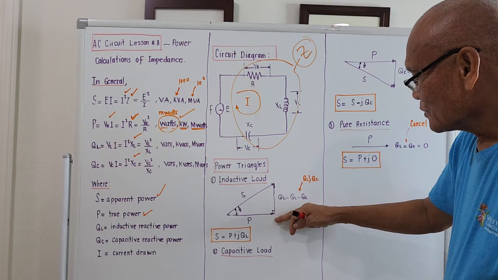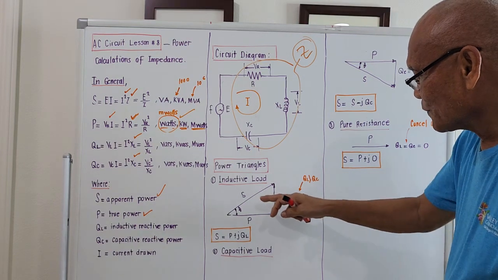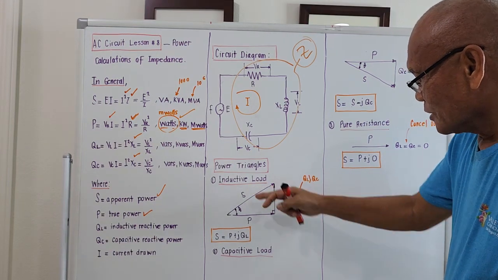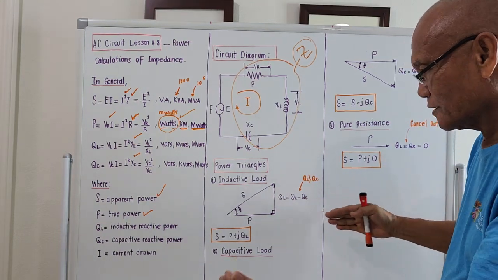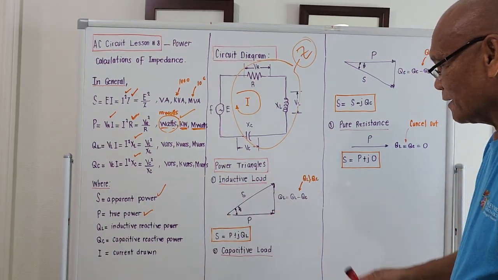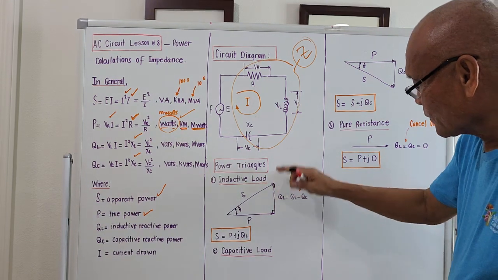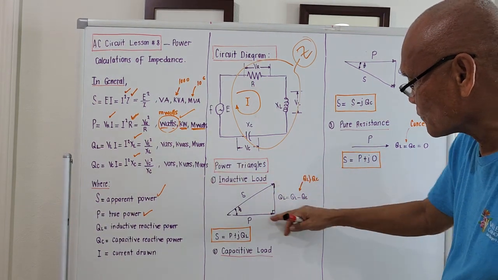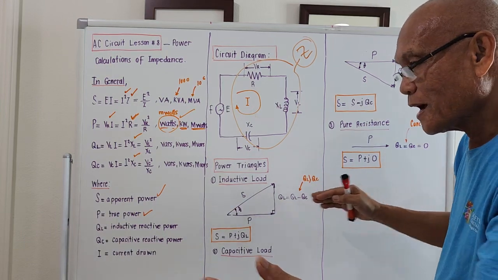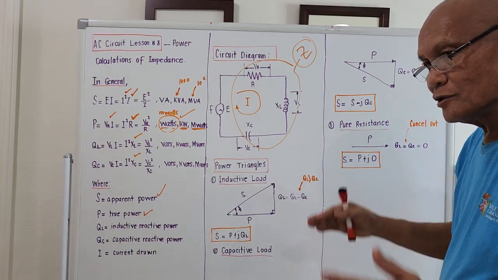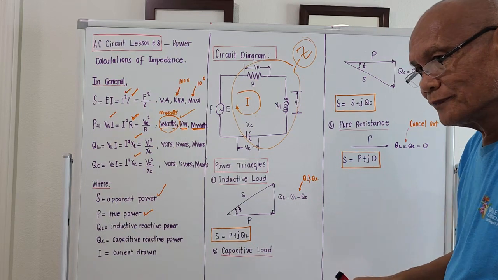Okay? So if you try to compute for the value of S, you cannot just add true power with the reactive power because they are different powers. This reactive power is actually 90 degrees with respect to the true power. So you cannot add it algebraically. You will add it vectorially.